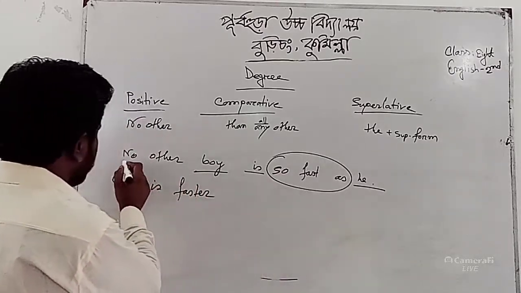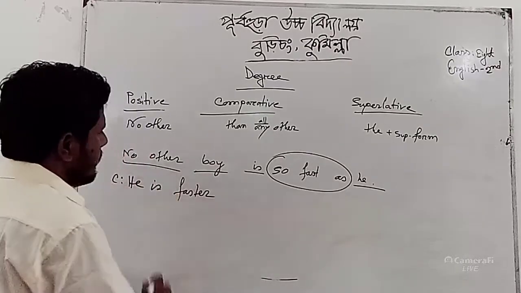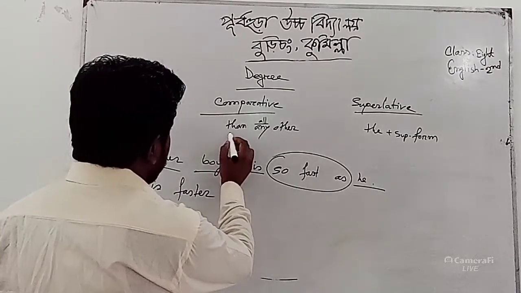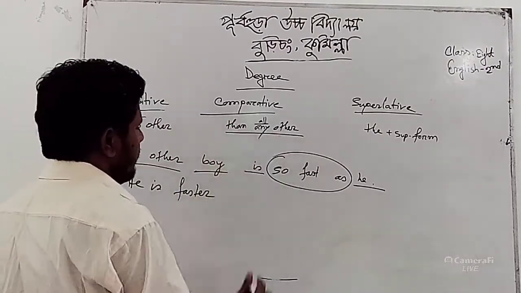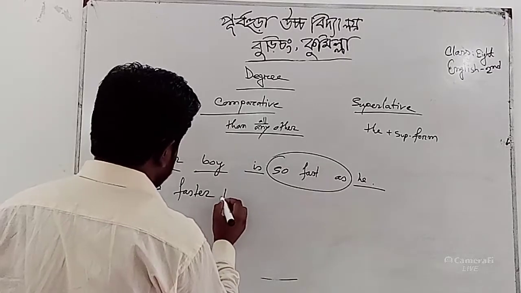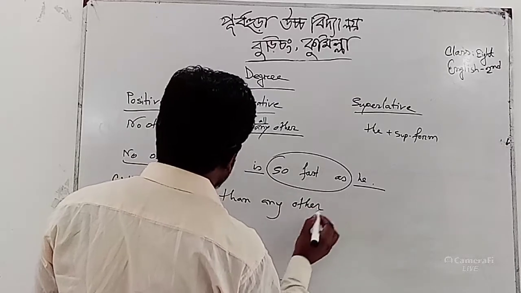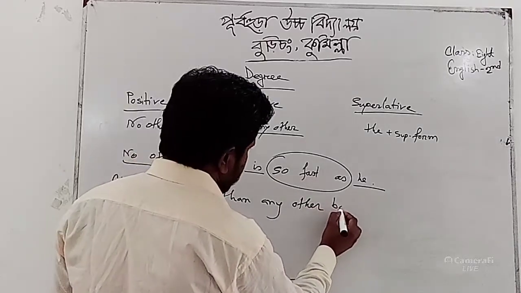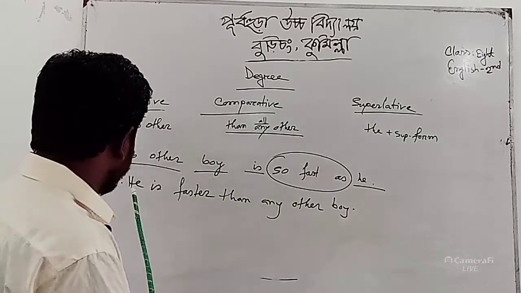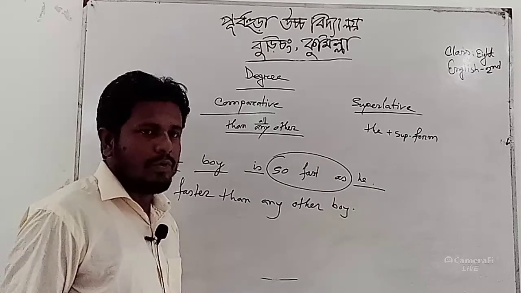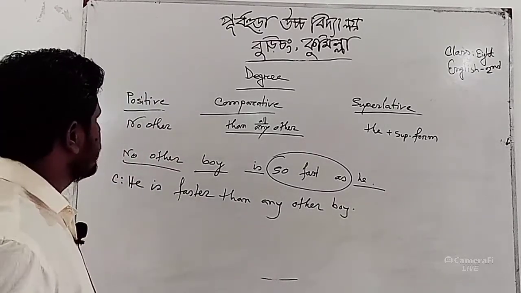At the very beginning we see "no other". This is the technique: if there is "no other" at the beginning of the positive degree, we need to change it in the comparative degree to "then any other", and then the first subject. Look at this: he is faster than any other boy or boys. This is the first rule to change from positive degree to comparative.